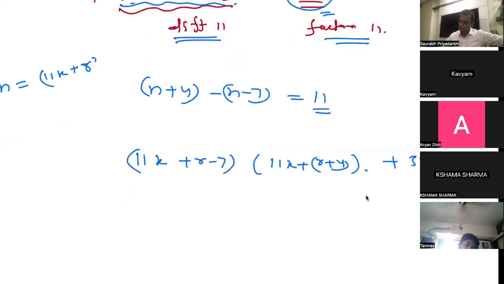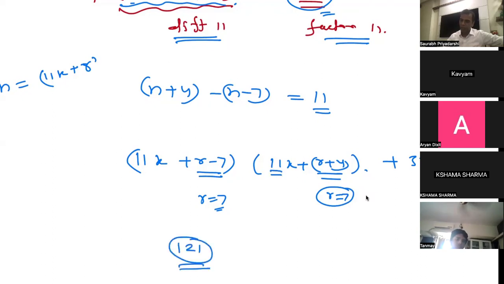So from this, I can say r minus 4, r minus 11. I'm taking any of the number r is equal to 1, 2, 3, or r is equal to 7. So r is equal to 7. This will be 11 is a factor from this, right? So always I'll get 11 as a factor of this and 11, 11 coming up. So this having 121 factor coming from this one.